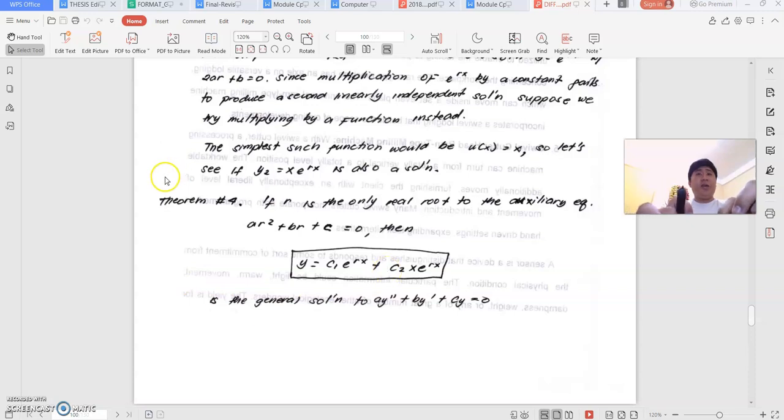In case 2, we have theorem 4. If r is the only real root of the auxiliary equation, meaning there is only one root, then you have this general solution.